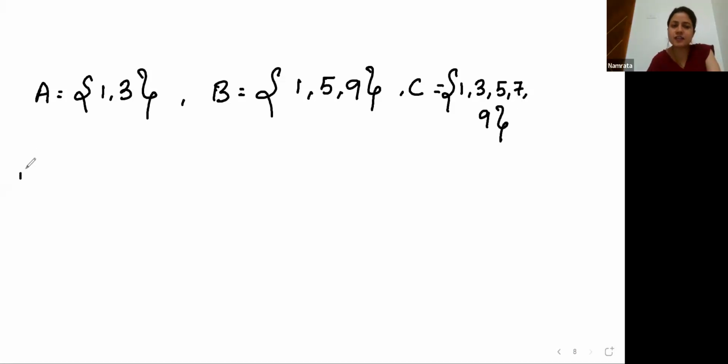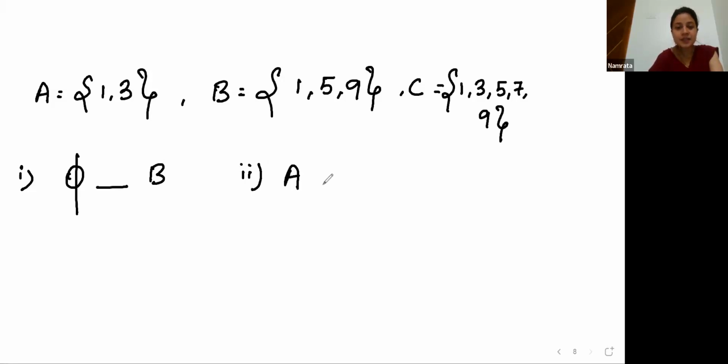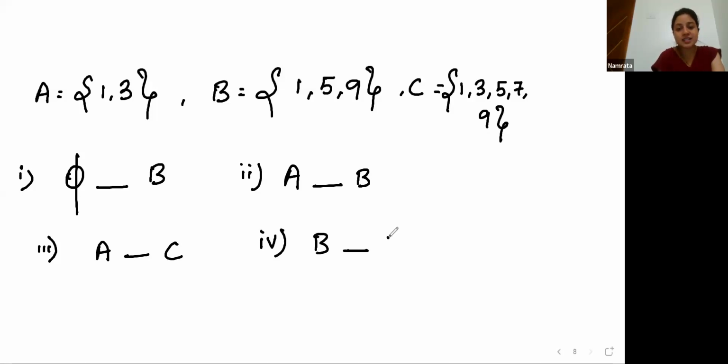And a few fill in the blanks questions are there. The first is ∅ dash B. Another one is A dash B. Third one is A dash C. And the fourth one is B dash C.